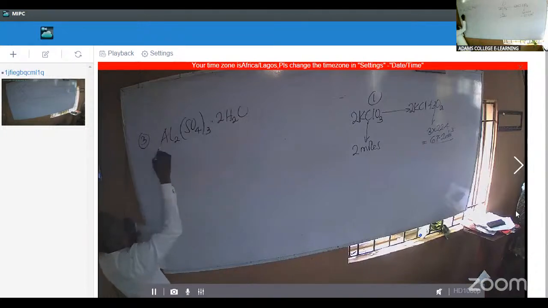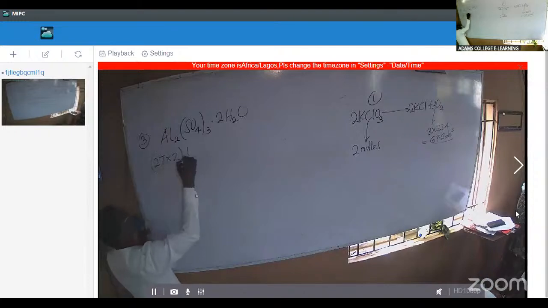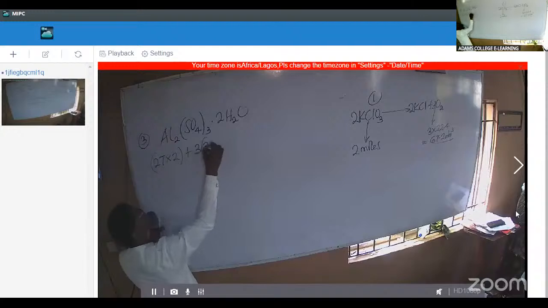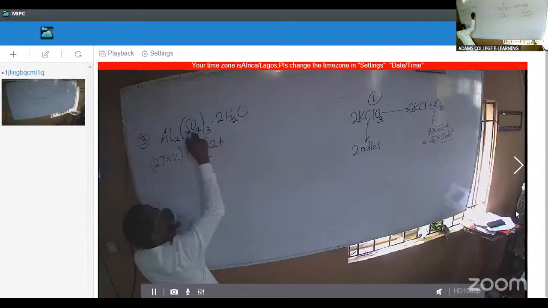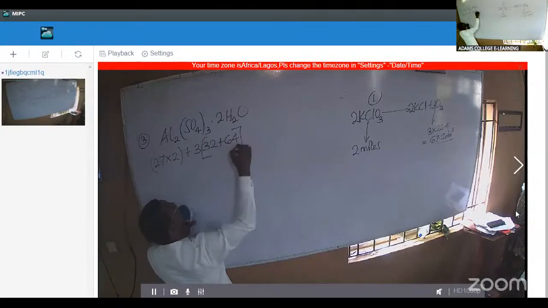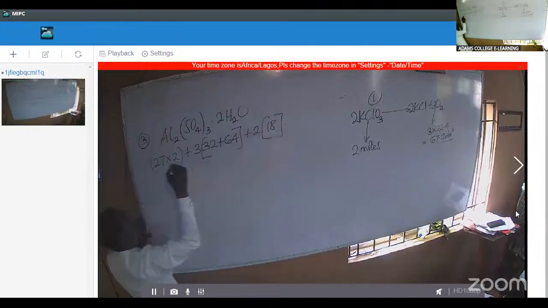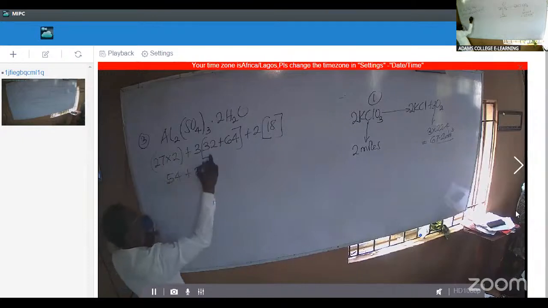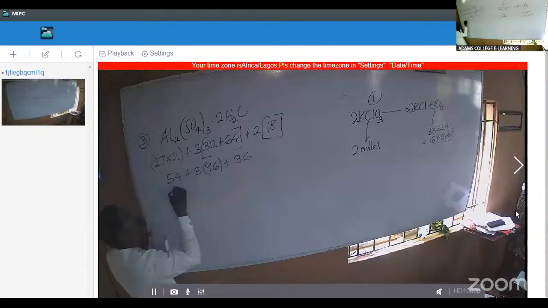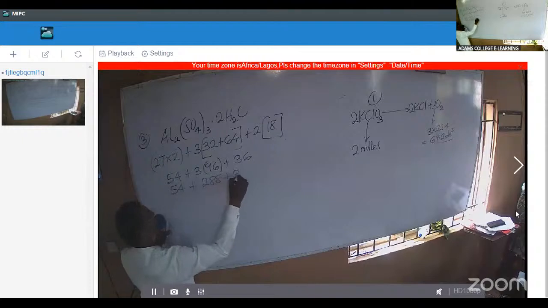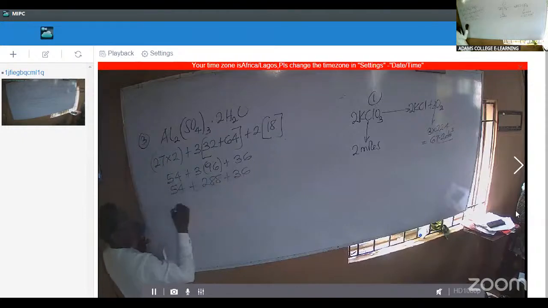Aluminum is 27, sulfur 32, oxygen 16, water 18. Let's get the total first: 54 plus 3 times 96 is 288, plus 36. Add all of them.